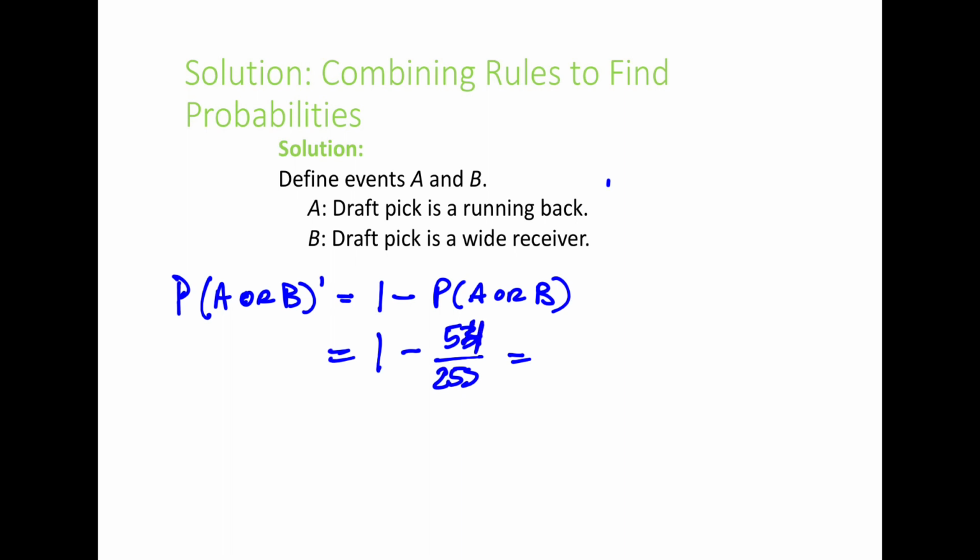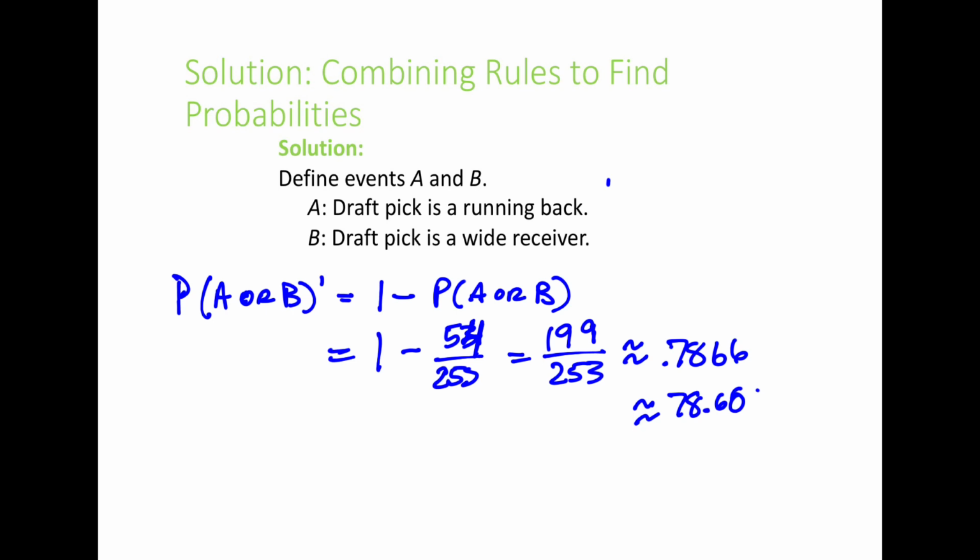So I put 53. 54 out of 253, that's going to give me 199 out of 253, which would be approximately 0.7866. So there's a 78.66% probability that a randomly selected draft pick would not be a running back or a wide receiver.